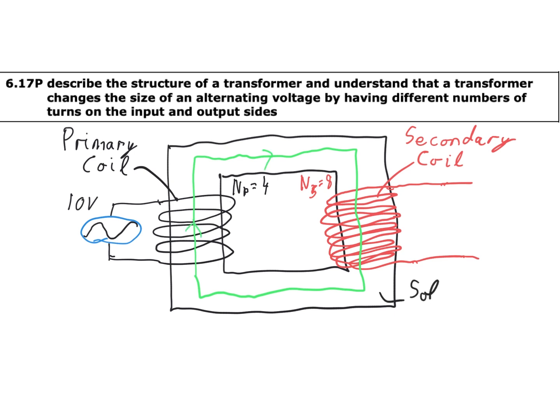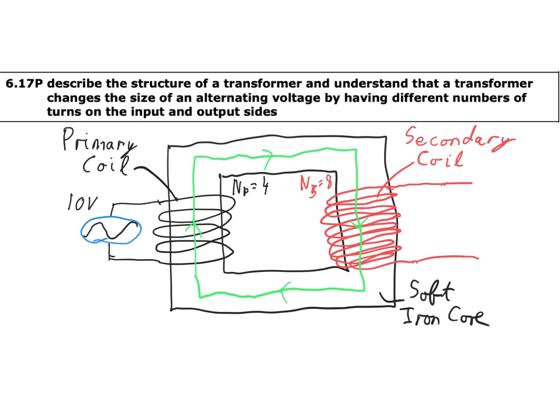Now, the fact that it's a magnetically soft iron core is really important because the iron core needs to be able to change direction of its magnetism really quickly. And that wouldn't be possible with materials such as steel, which is magnetically hard. So it needs to be iron, which is magnetically soft.